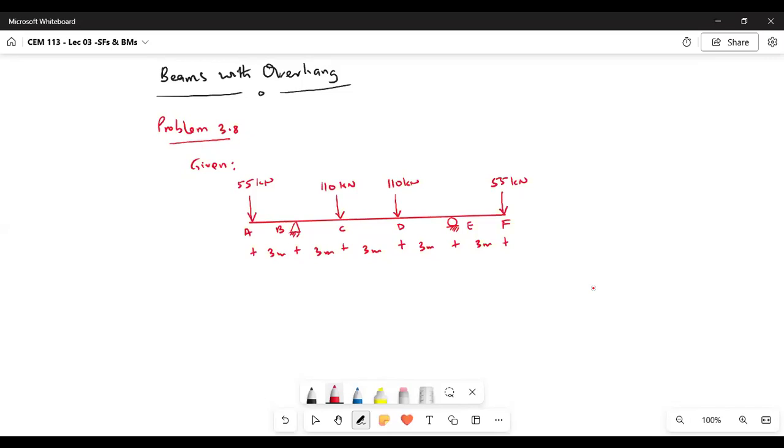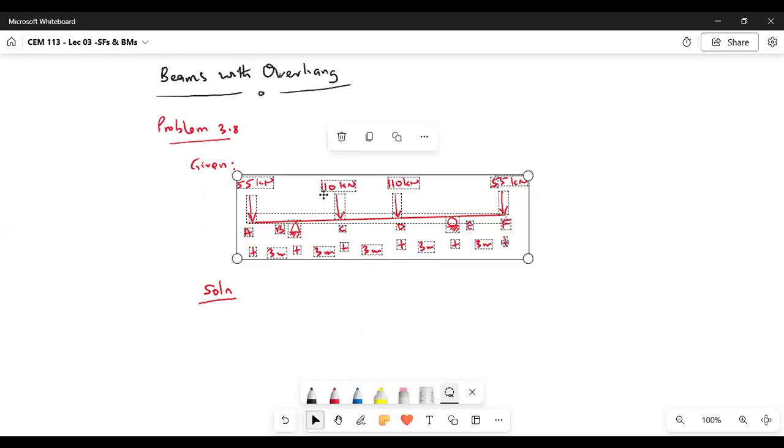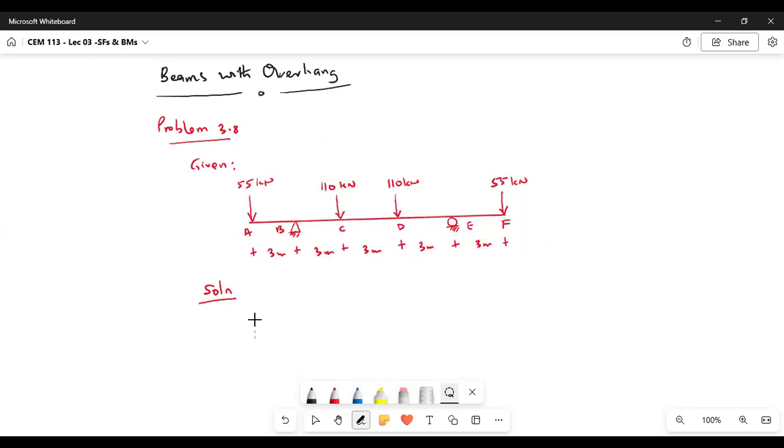What type of support is at B? I need an answer. What type of support is at B? You can put the answer in the message box. Don't worry. What type of support is at B? Okay, good.